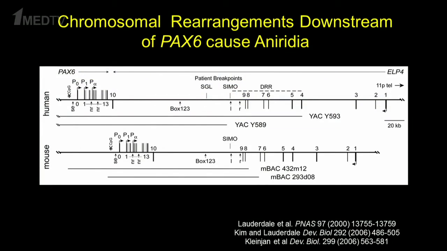Lastly, and Tatiana will be talking more about this in her presentation, there are very large deletions that can give rise to aniridia. I want to highlight one region. This is a very different schematic or picture than what we've been seeing. PAX6 is right here at this end.